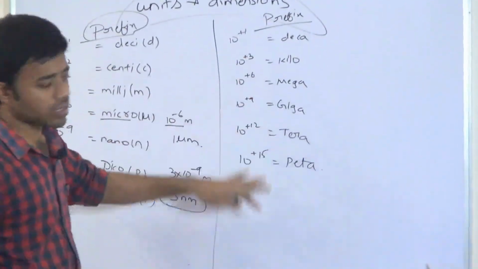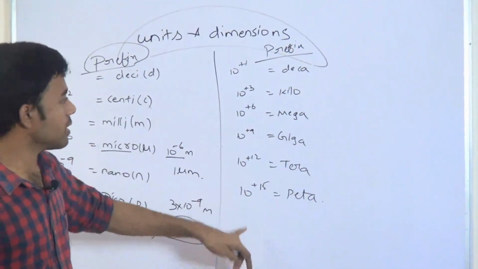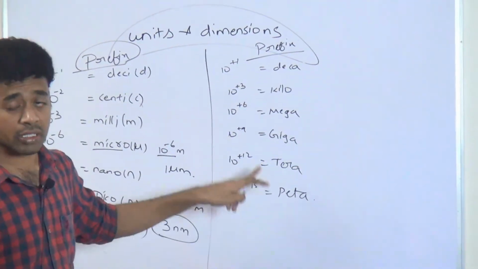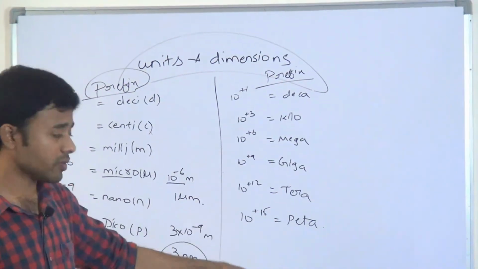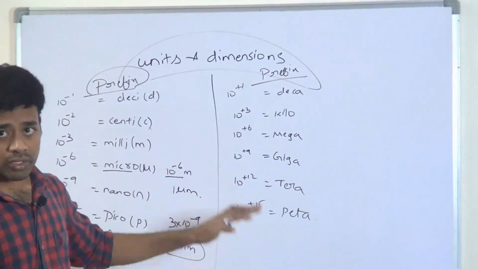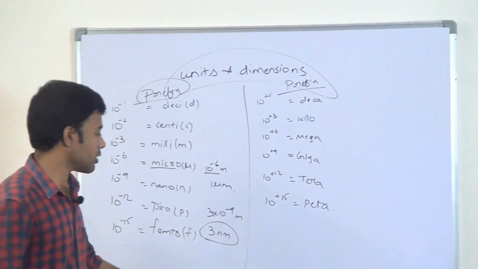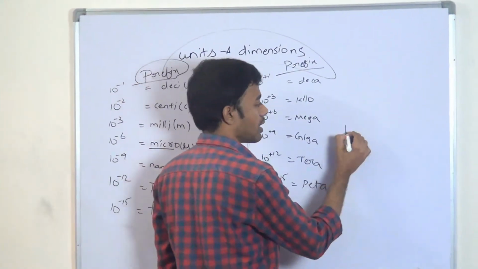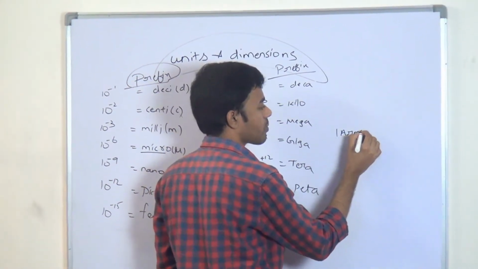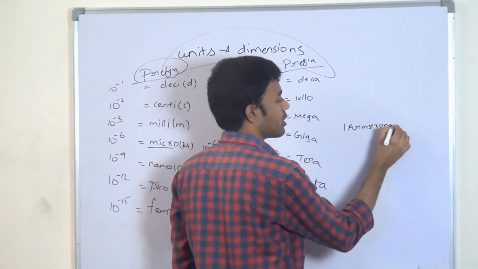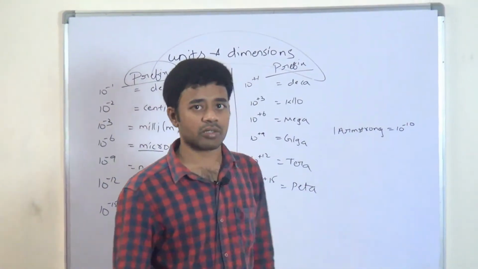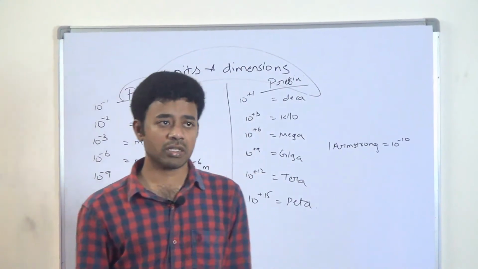So these are the physical quantities which we can see here. These are the prefixes which should be added if there are values like 10 power plus 12 or 10 power plus 15. Apart from these prefixes we have some other units, for example, angstrom. 1 angstrom is equal to 10 to the power of minus 10.